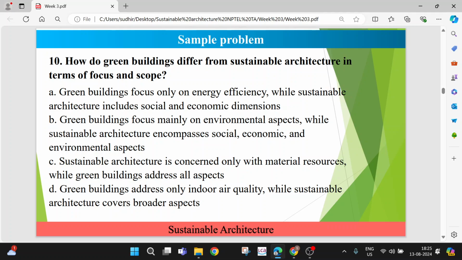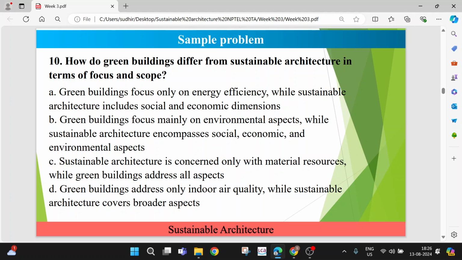Sir, is it B? Okay, read all the options and then try to give one answer. How do green buildings differ from sustainable architecture in terms of focus and scope? Either green buildings focus only on energy efficiency, while sustainable architecture includes social and economic dimensions as well.